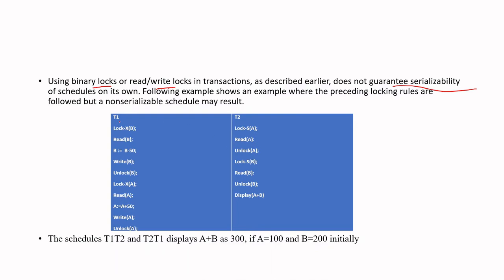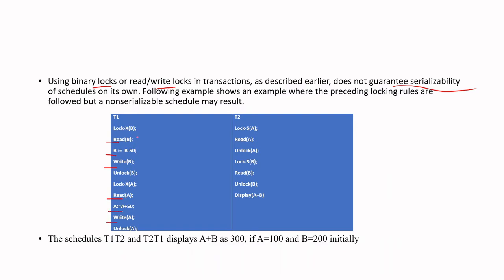If you look at this here, in transaction T1, a variable called B is read and the value is reduced by 50. The logs we are not discussing, and it is written back to the database. Similarly, after that, read the variable A, add 50 here and write it back.